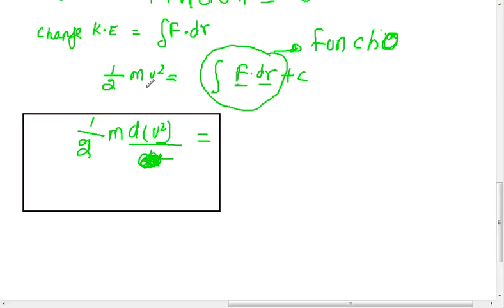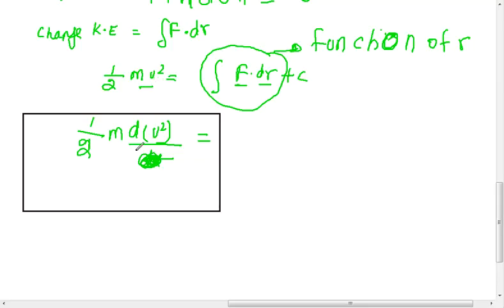So this kinetic energy will be a function of r. What is r here? r is basically displacement. So kinetic energy will be a function of displacement, and I should differentiate it with respect to displacement.